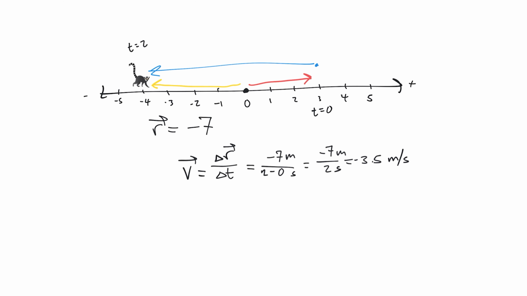So that's meters per second. To get your final unit, you can do the math on the units exactly as you would with numbers, just instead as units. If you don't know how to do that and that doesn't make sense to you, come talk to me and we'll walk through it together. So our velocity there is negative 3.5 meters per second. The negative indicates that the lemur moved to the left.